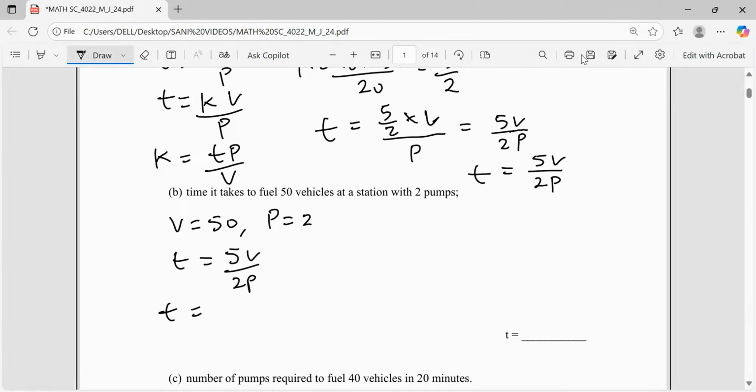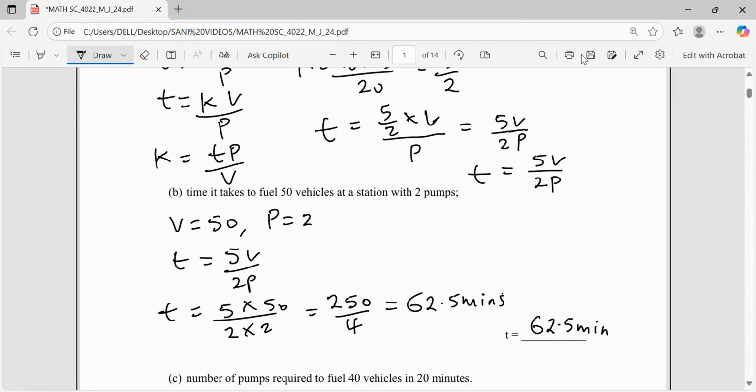So T equals 5 times 50 divided by 2 times 2. That equals 250 divided by 4, which is 62.5 minutes. So you have the time as 62.5 minutes.